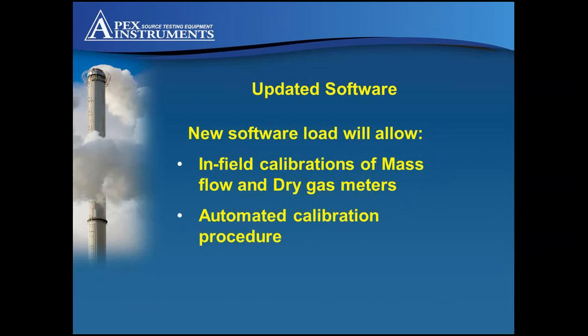So you'll hook up your AliCat device to your Apex system, on the screen, hit calibrate, come back in a little while, and the calibration procedure would have been performed for you. And all that information recorded for record keeping and things like that. So that's one thing that we're working towards to help everybody out in the field.